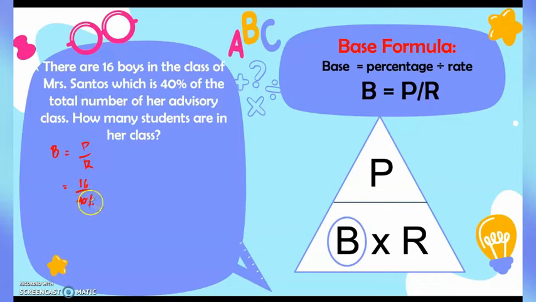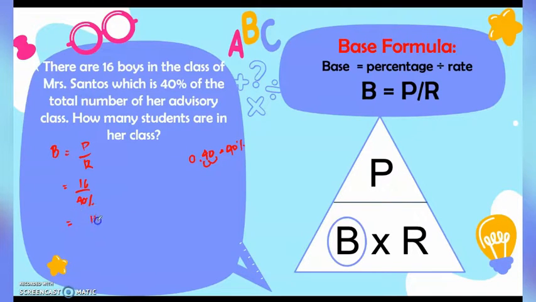So we need to change this first into a decimal number. We discussed in our previous lesson that changing a percent to a decimal number is like removing the percent symbol and moving the decimal point, which for 40 is at the end, two places to the left. Therefore, 40% is equal to 0.40 or 0.4.